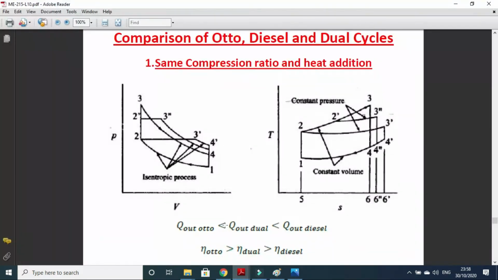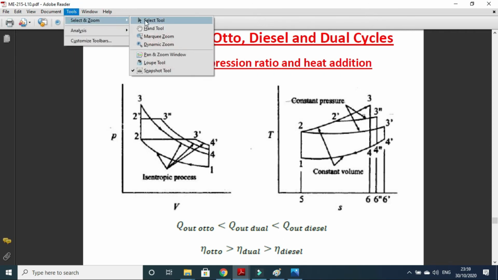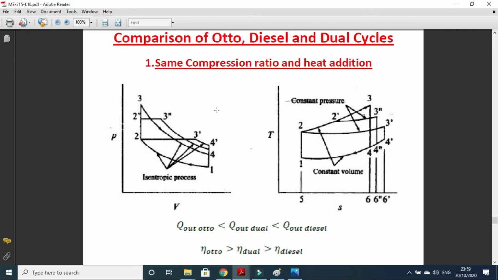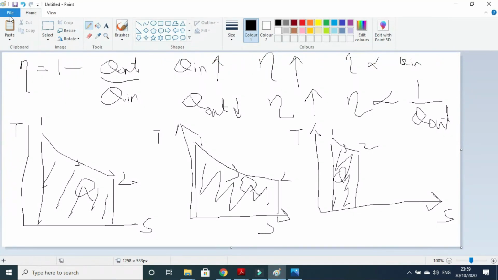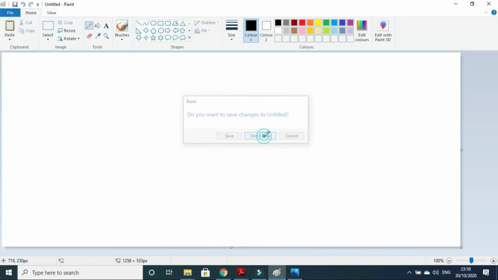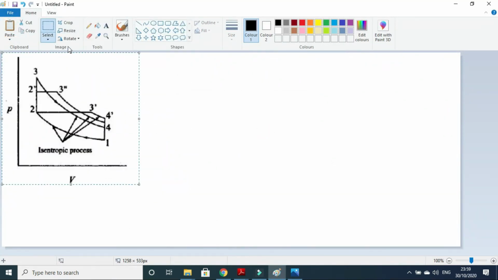Now we have to compare the Otto, diesel and dual cycle at same compression ratio and heat addition. So which one has the highest efficiency? So actually in this one diagram you can find all the three cycles. How?